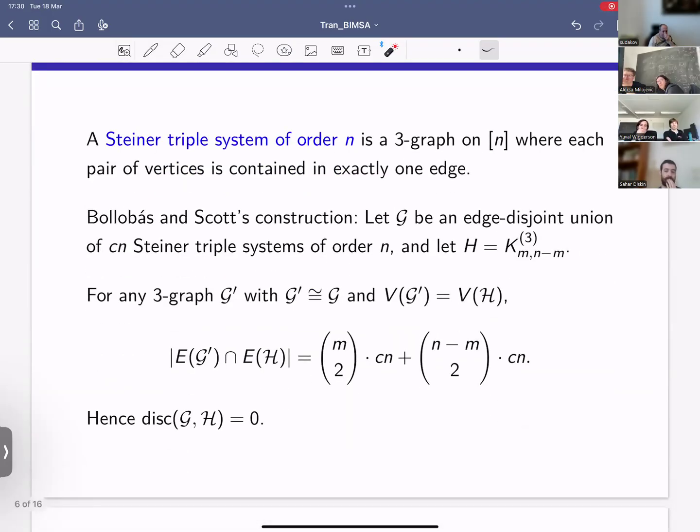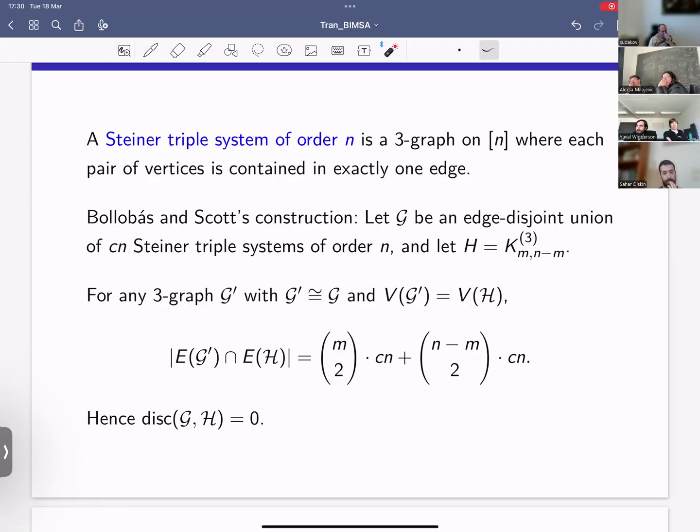Their construction is like this. We take Z to be an edge-disjoint union of linearly many Steiner triple systems of order n. It is well known that we can pack linearly many Steiner triple systems into the same vertex set of order n.